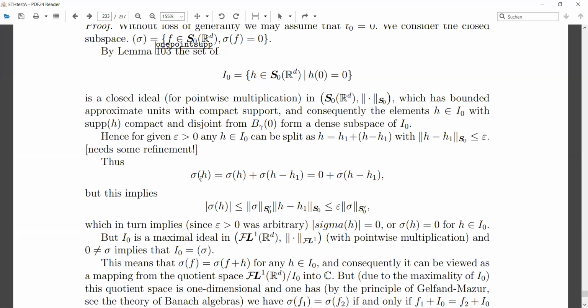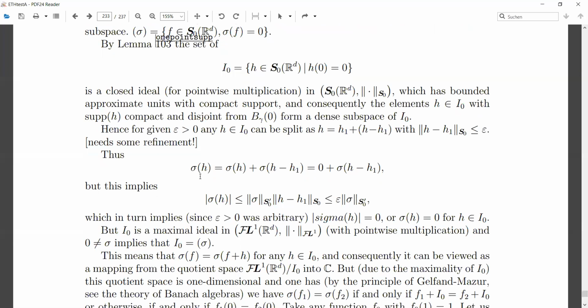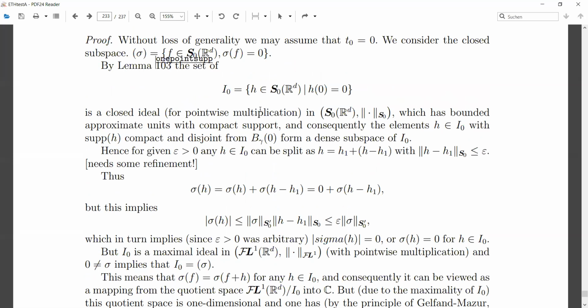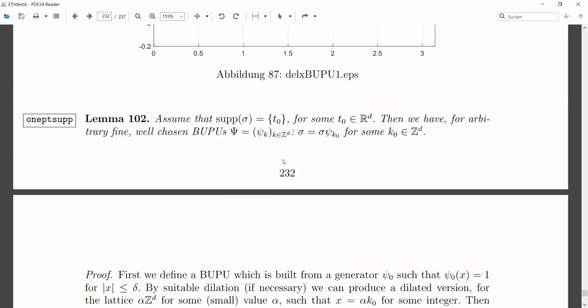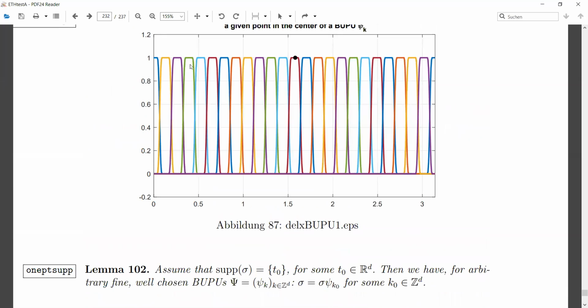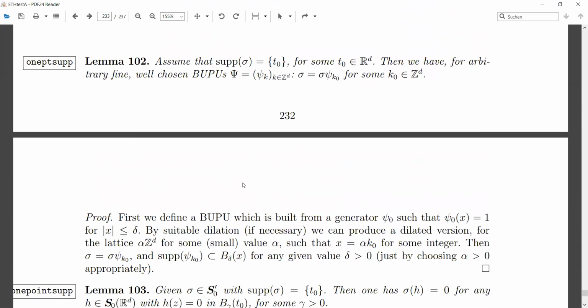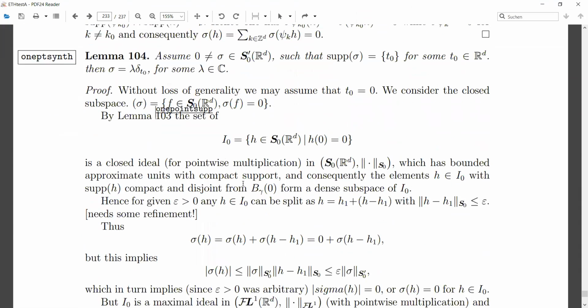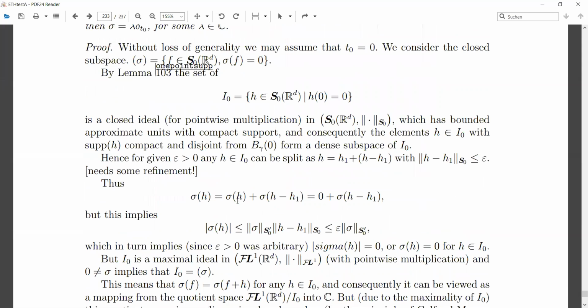Well, you get sigma of h1 plus sigma of the difference. h1 is now living on all the pieces except our brown one. The bandpass is living to the left and to the right of this, but not involving this one because it's 0. So we have modified h very little to h1, and sigma of h1 should give 0, so it's 0, plus something which is sigma applied to something small.